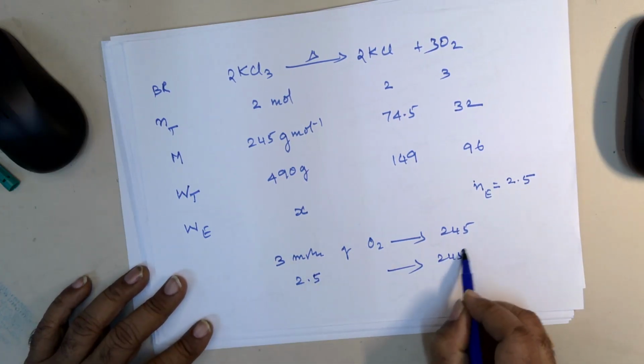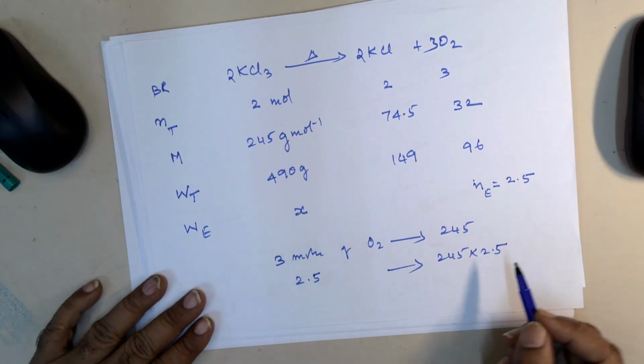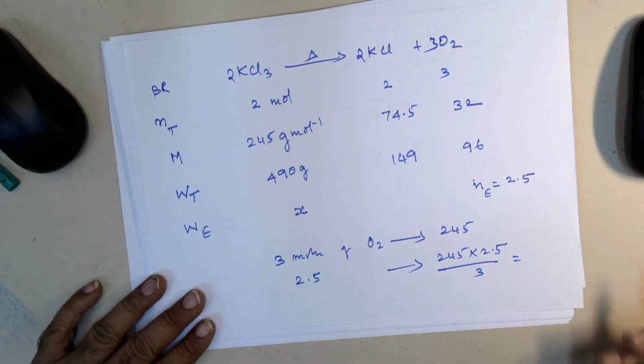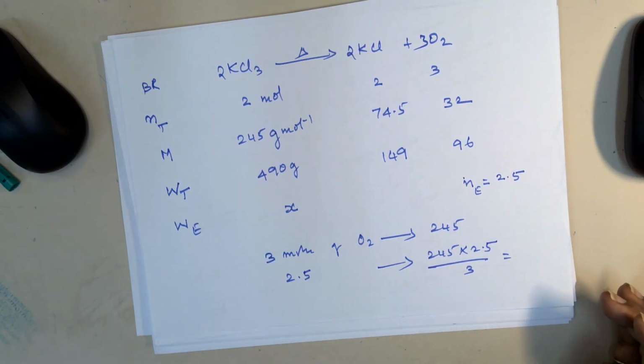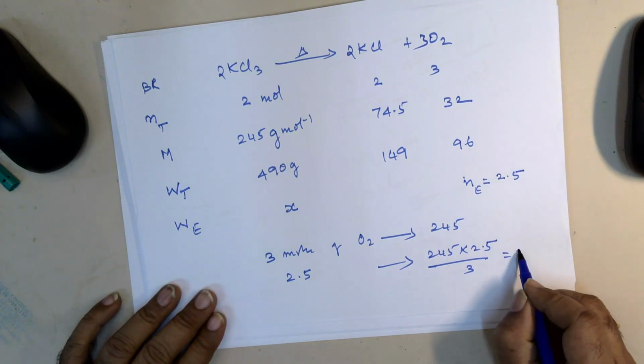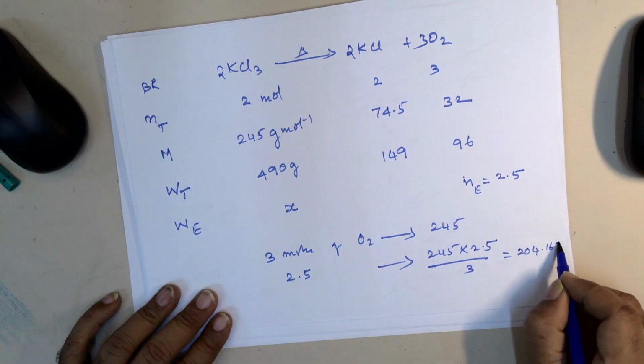So 245 into 2.5 divided by 3. What is the answer? 204.167.